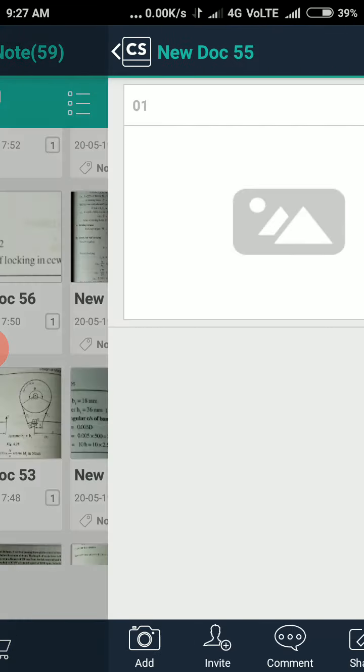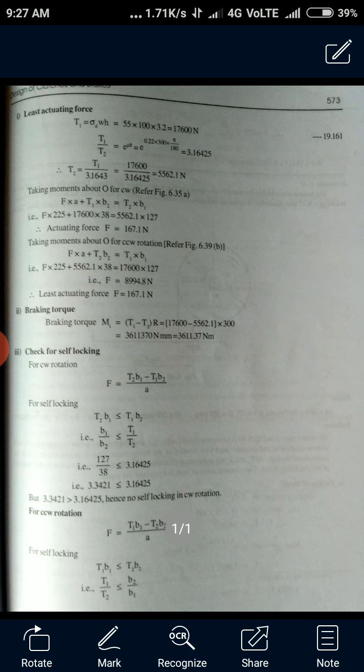So writing the equation, F into A, force into distance A, plus T1 into B2. T1 is acting upward. F is acting downward. In the figure it is showing upward, but actually the braking force will be acting downward, so that makes the correction.